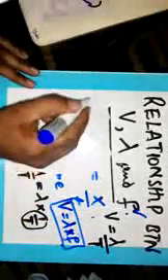Now, v equals lambda times 1 over T, and our 1 over T is frequency. Therefore, the relationship between wave velocity, wavelength, and frequency is v equals lambda times f.